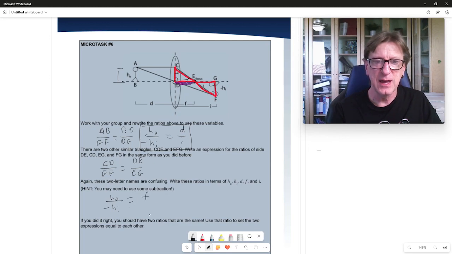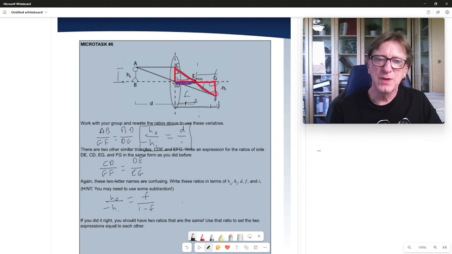So that's going to be equal to F. And now I also want E to G. Now that one's maybe not quite so obvious. If this entire distance is I and this part of it is F, how would I write just the part from E to G? Well, that's going to be I minus F, right? So I know that these two are the same, okay?